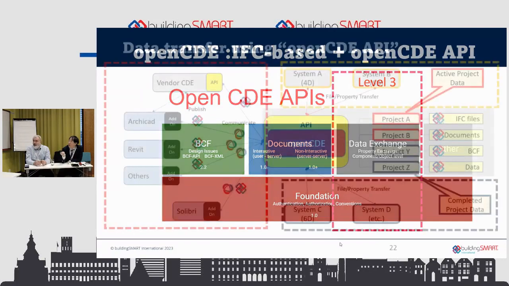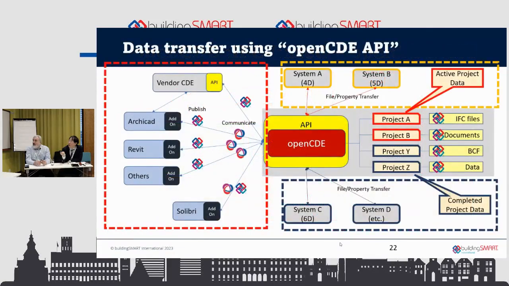So level 3 is like this. Here's software, and you can upload files, and the OpenCDE has the APIs, so it can give the information to 4D, 5D, other systems, or 6D, etc. And the files are also stored here: IFC file, documents, BCF data.